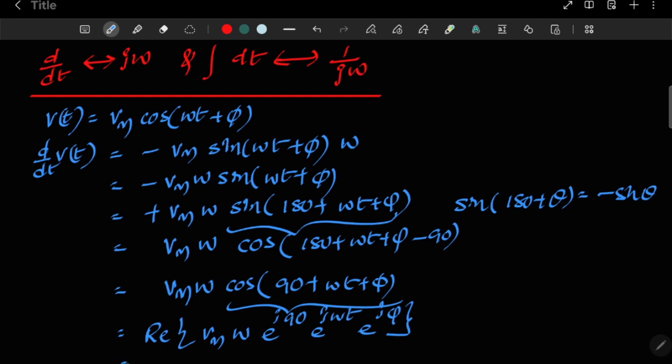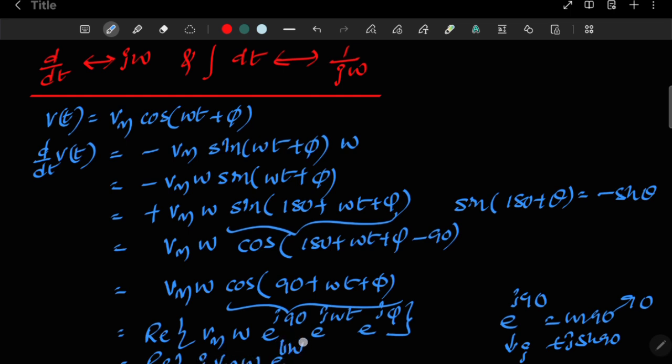From e power j 90 we get cos 90 plus j sin 90. Cos 90 is 0 and sin 90 is 1, so 1 into j is simply j. So we have j into Vm into omega, e power j omega t, and e power j phi.